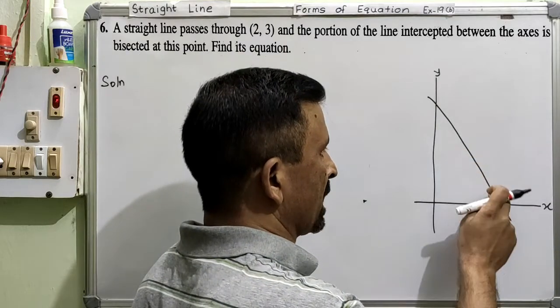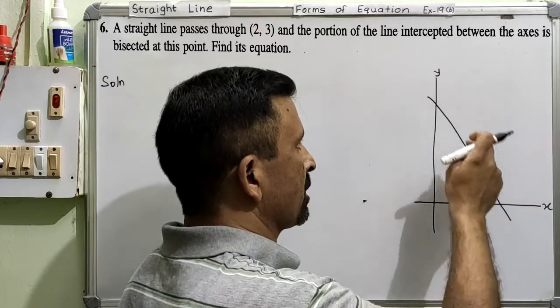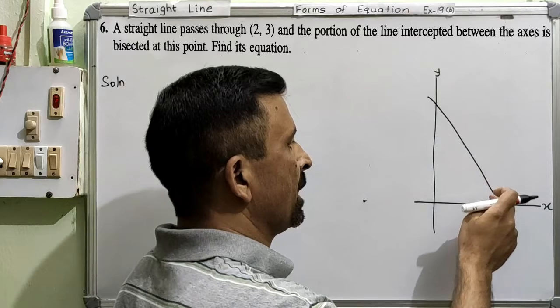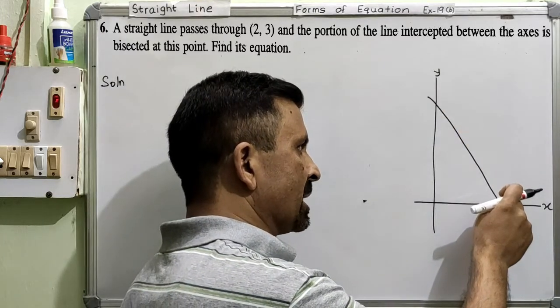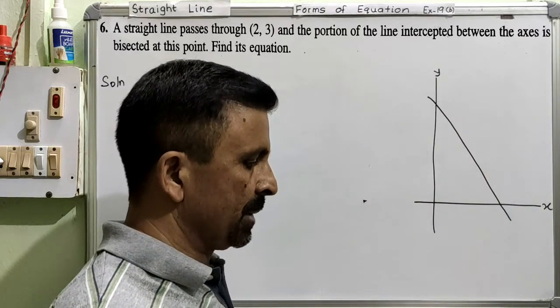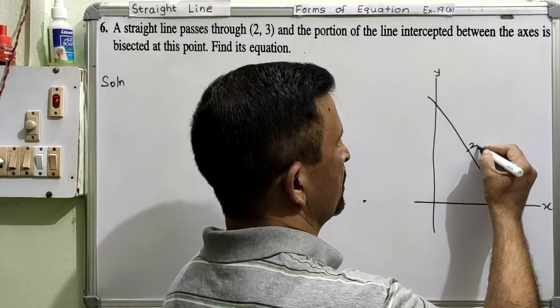This is the portion of the line which is between the intercepts, right? So that means the question talks about this portion of the line. Is this very clear? So according to the question, the portion of the line between the intercepts is bisected at the point, and that point is 2, 3.